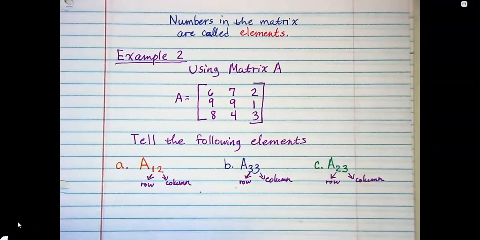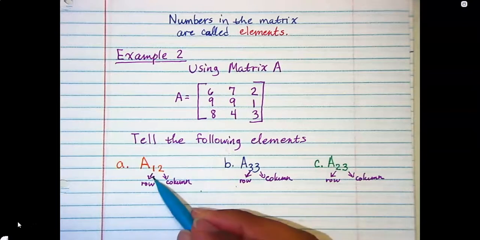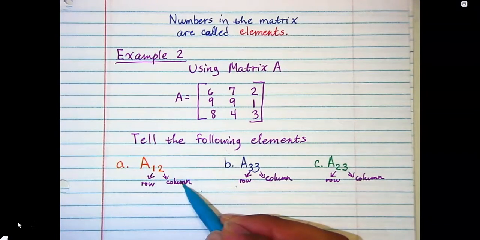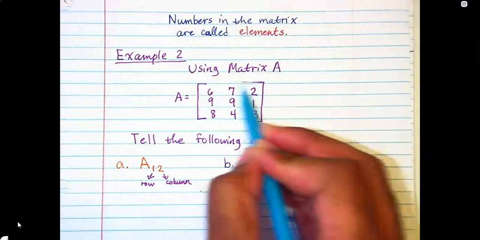All right, so as we're doing this, we're going to be looking at that part where they intersect, where the two things come together. I will use a pencil this time, guys. So here we're talking about row 1, column 2. So if we do that, row 1 is here.